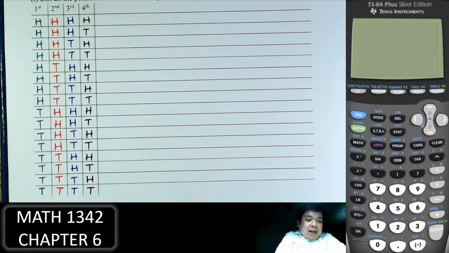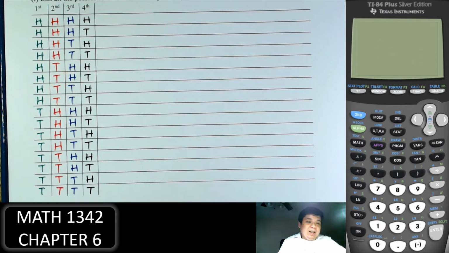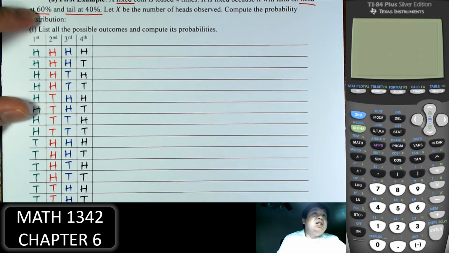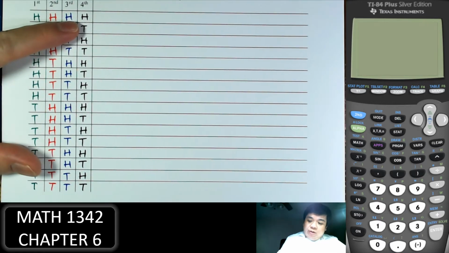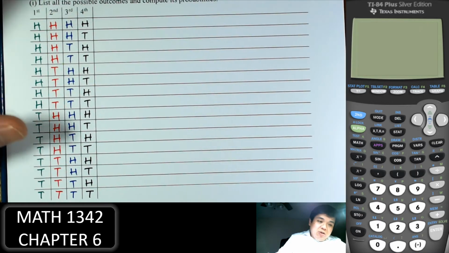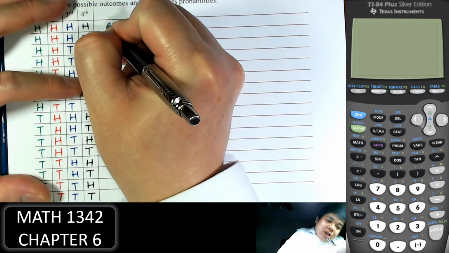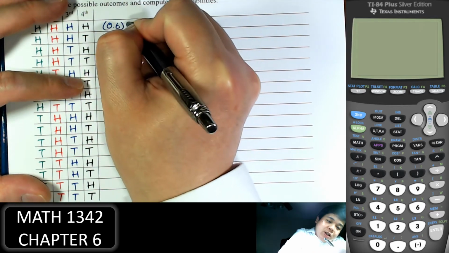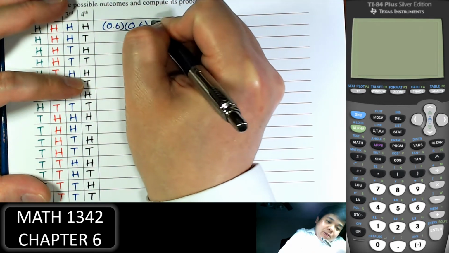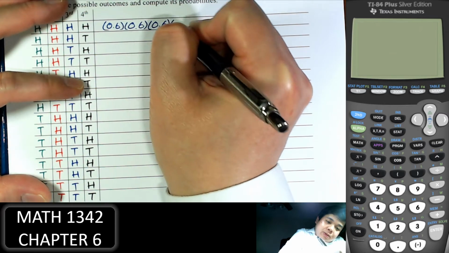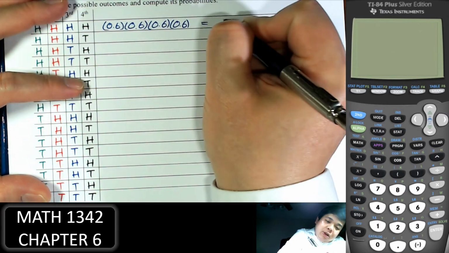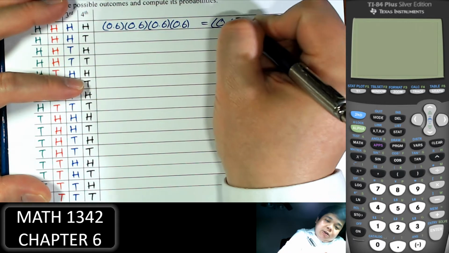Now, once again, the probability of getting a head is 60% and a tail is 40%. In the first case there are 4 heads, so I write 0.6 times 0.6 times 0.6 times 0.6, or 0.6 to the 4th power.